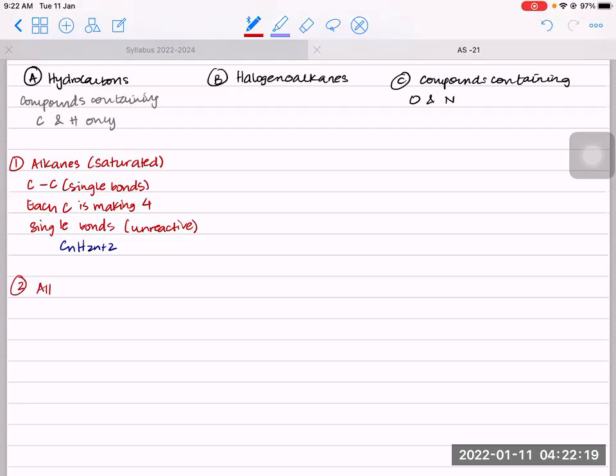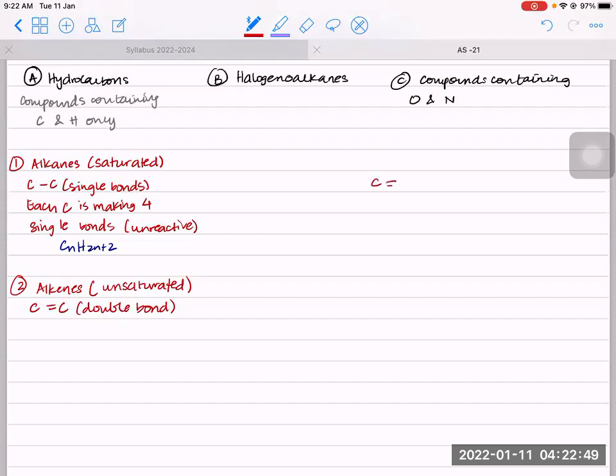Then we have alkenes. Alkenes are unsaturated hydrocarbons, because you have a carbon-carbon double bond. In the double bond, one is sigma and one is pi. The pi bond is weak, so it can break easily, leaving one vacant bond on each carbon.